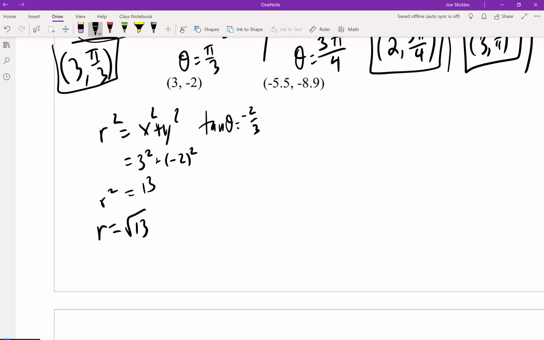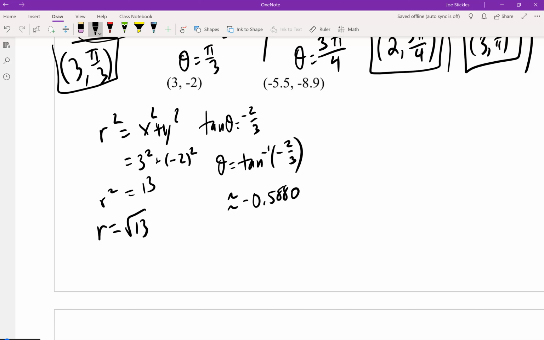Right? That's y over x. Okay, so I don't know that one, so I need to do the inverse tangent of negative 2/3. If I put 2/3 in my calculator, make sure I make it negative, do the inverse tangent, that tells me my theta is approximately negative 0.5880.